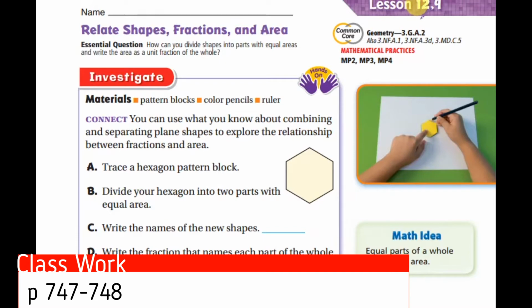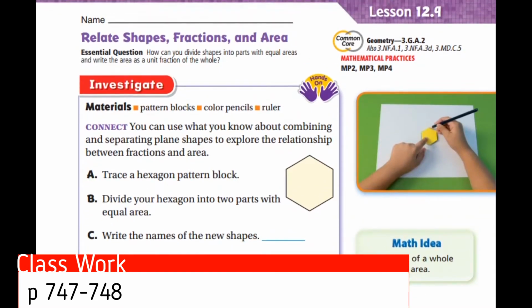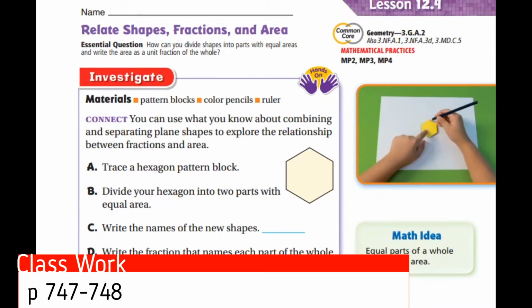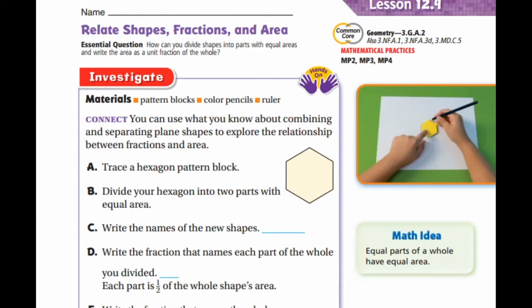Lesson 12.9. We will learn how to divide any shape into equal parts to create fractions and how we write this fraction in what form. And when I say dividing any shape into equal parts, I mean here to divide it into equal areas.